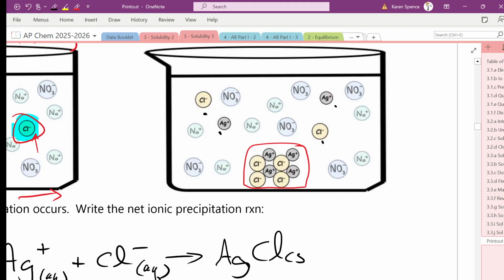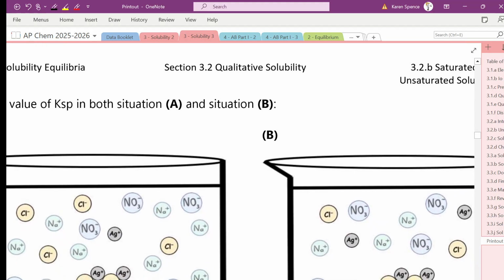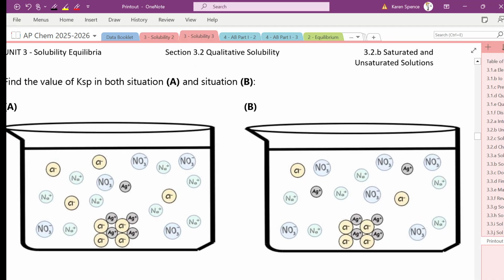In situation A, we have 1 Ag+ and 4 Cl-. Over here on the right, we have 2 Ag+ and 2 Cl-. Can we agree that in both of these situations, we have a saturated solution of silver chloride? If I were to try to cram in any more silvers or chlorides, they would not dissolve.